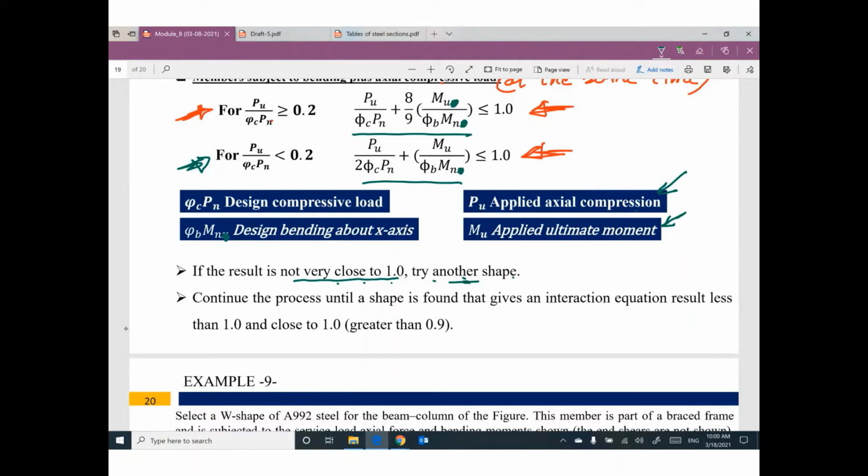Continue the process until a shape is found that gives an interaction equation result less than 1 to be safe and close to 1 to be economical, like 0.9 or more. So we would like this side to be between 0.9 and 0.99. 0.99 means safe, 0.9 means economical.